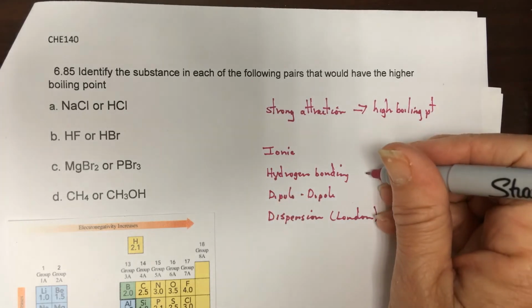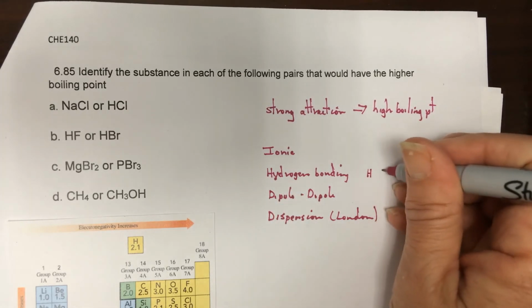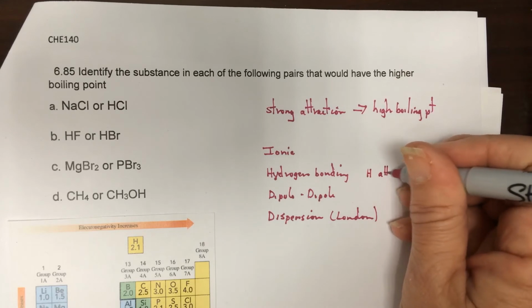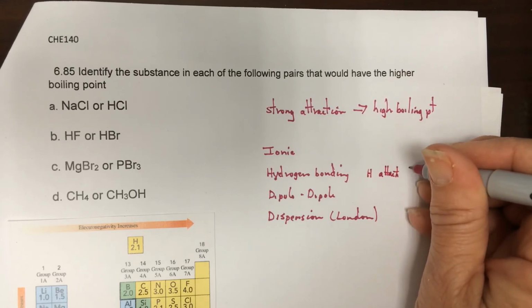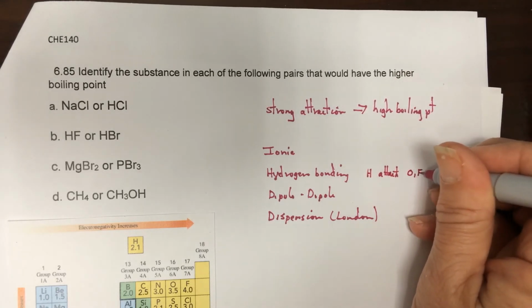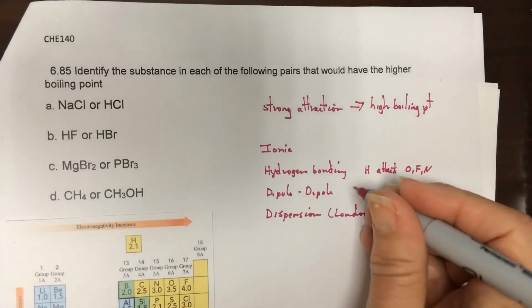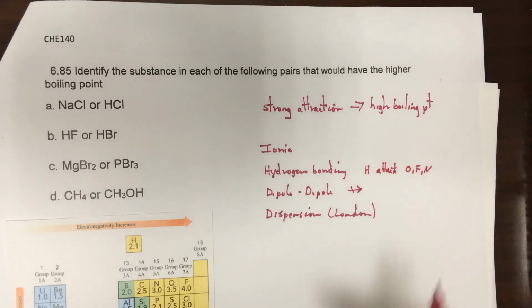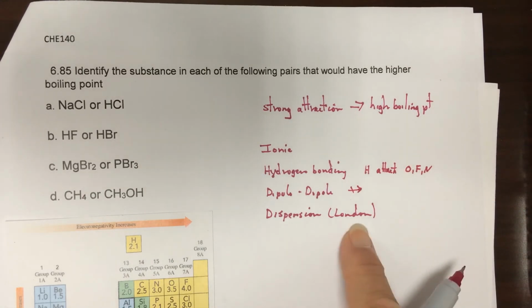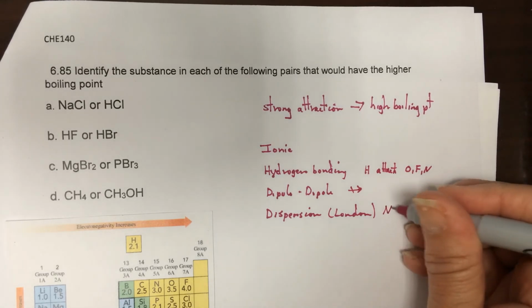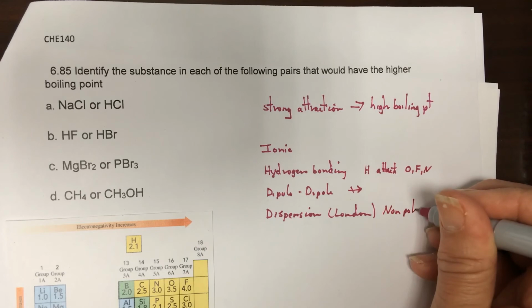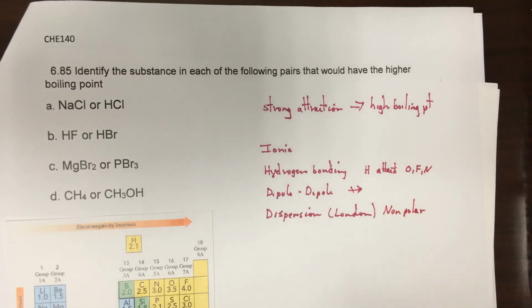Remember, you need a hydrogen that's attached to an oxygen, fluorine, or nitrogen for that. Dipole-dipole is any time that you've got a dipole moment for your molecule. And dispersion, which are London forces, which are nonpolar molecules, and they're the very weakest.